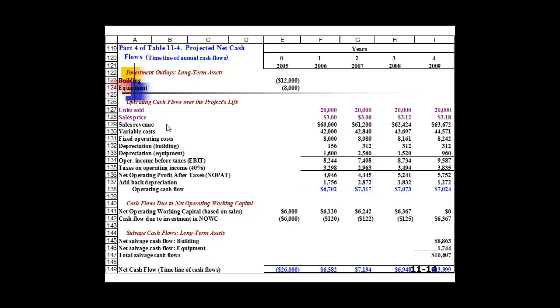Exactly. So the reason we do depreciation is to figure out what the tax will be, what the tax savings will be. Is tax a real cash flow? Yes. Tax is a real cash flow. So in order to figure out what our tax will be, we need to have depreciation in our calculation. Once we figured out the tax, then we have NOPAT, net operating profit after tax, then we add back depreciation.